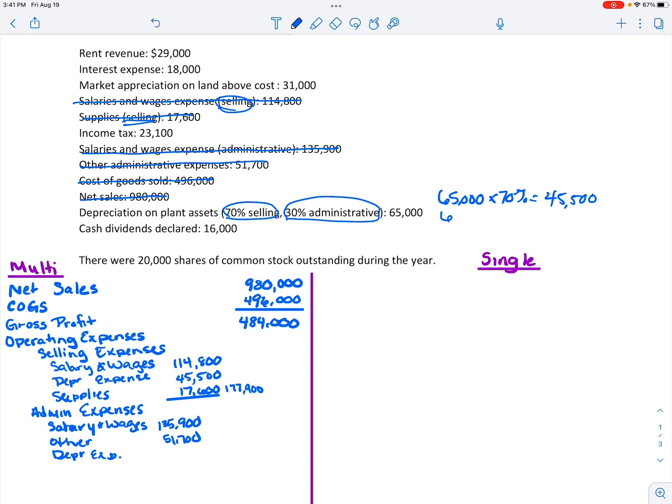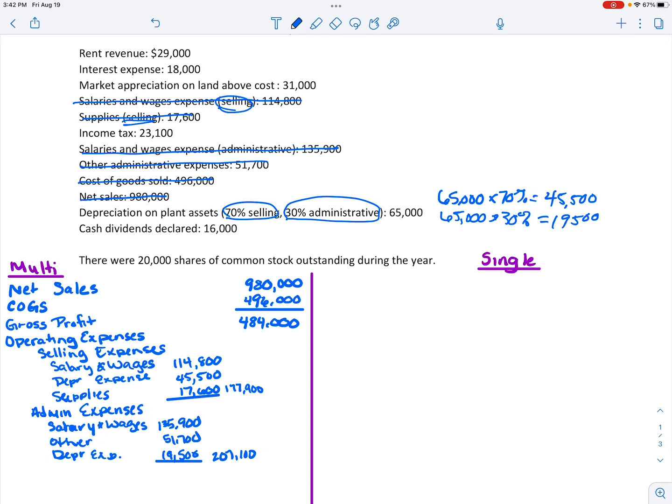So I will list out that depreciation expense as well. You can do the math again: 65,000 times 30% is going to equal 19,500. I'm going to total those up, and right next to that put in what that equals, which is 207,100.